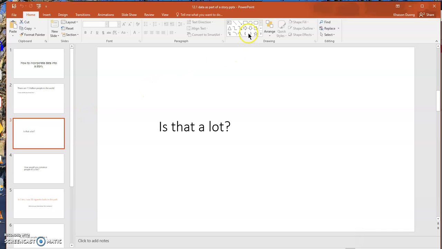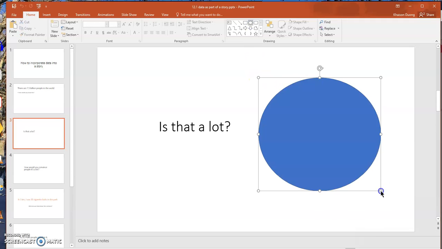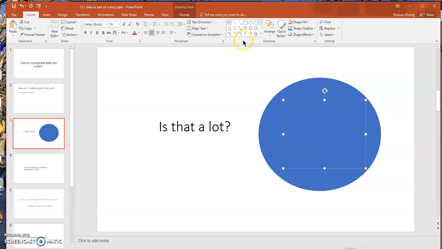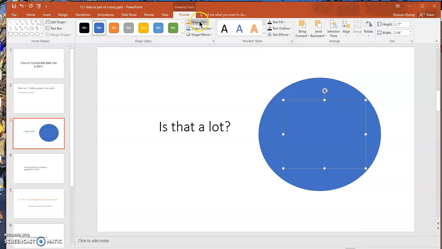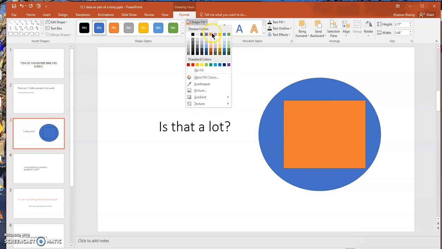Maybe I'll just show you really quickly with some drawing here. So for example, let's say this represents the Earth, right? And if you said that the population was something like this, right? Let's make that a different color, like orange.